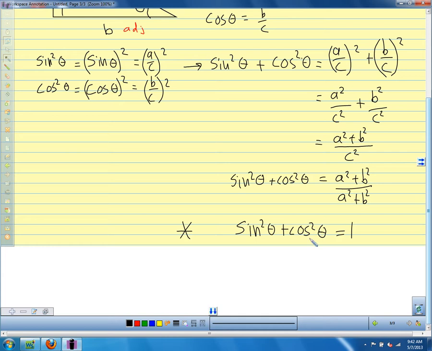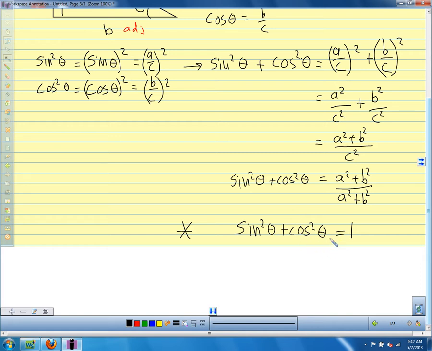This is the Pythagorean identity. For any angle, if I square the sine of that angle and I square the cosine of that angle, they add together to give me 1. Along with the Pythagorean theorem, this is one of the most important identities in all of mathematics. This shows up everywhere in thousands of different places.